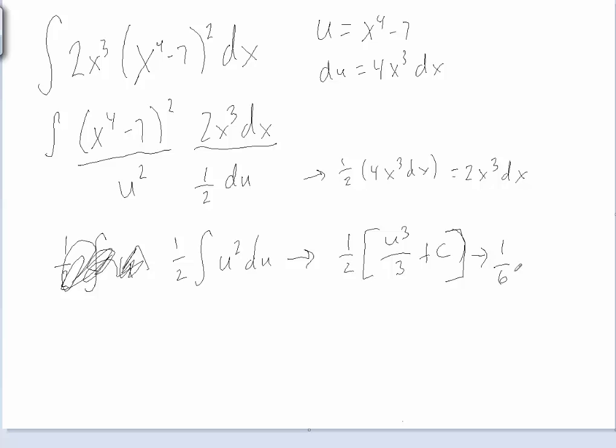That gives us our final integral, 1/6 times x to the fourth minus 7 cubed plus c.